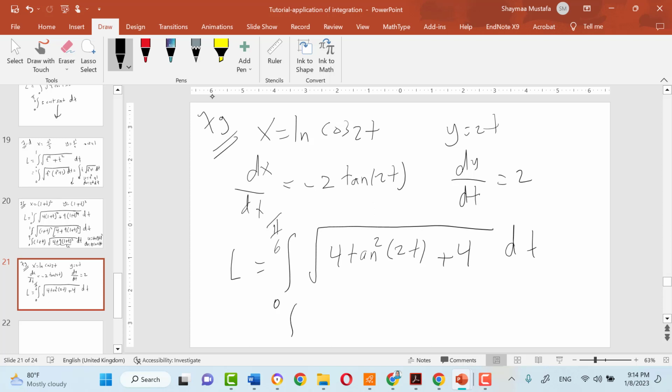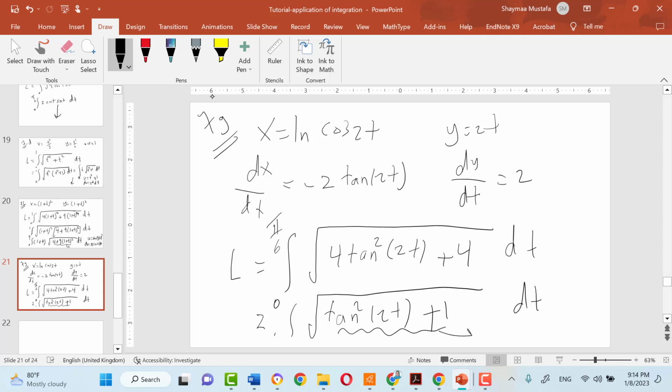And this one, integration, 4 outside becomes 2, tan square 2t plus 1 dt. And this one from identities is sec square 2t, so you can continue.